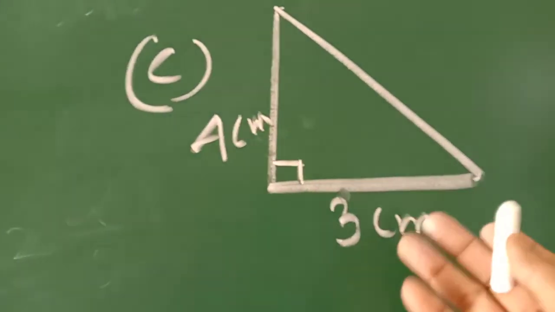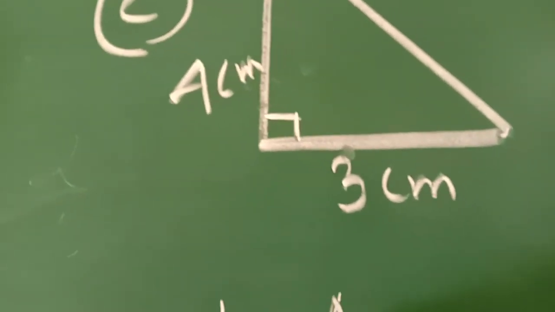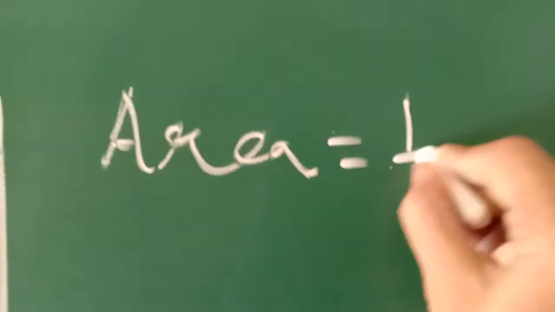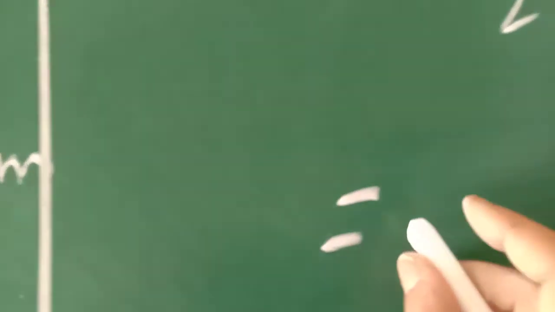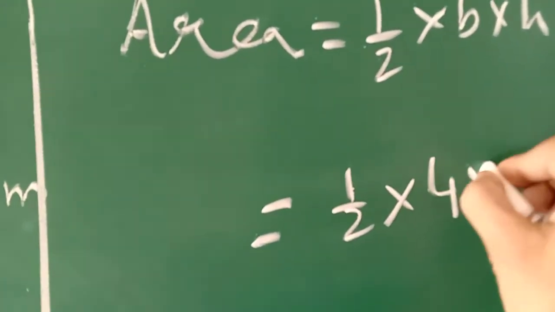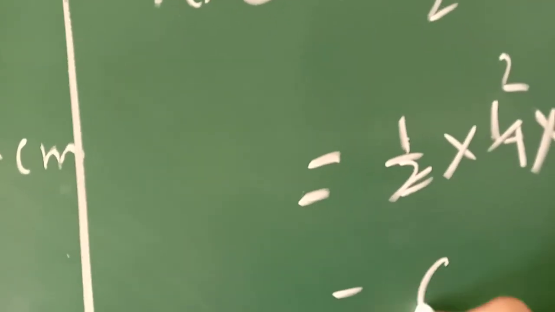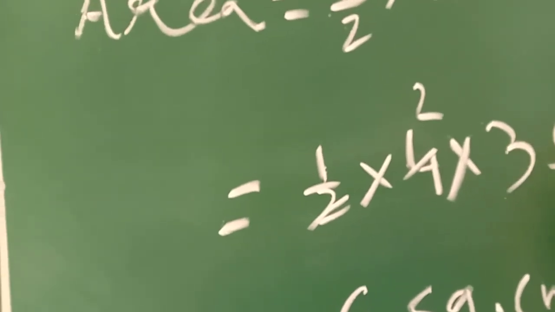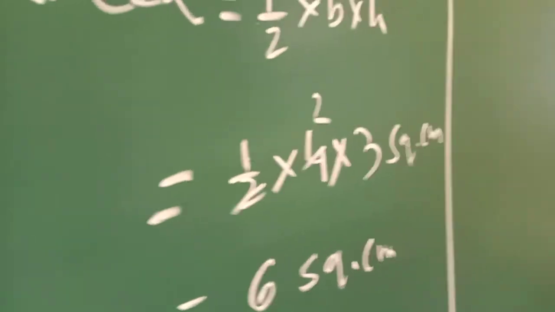You can take any one as base and any one as height. So area of the triangle is half base into height, half into 4 into height. If you cancel the 2, that is 6 square centimeter. Understood?